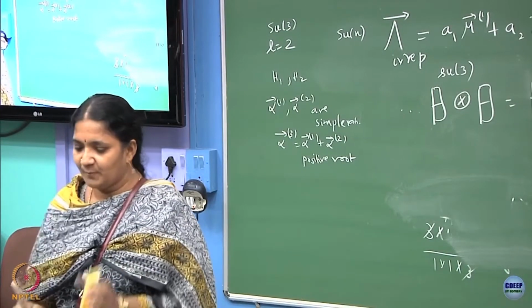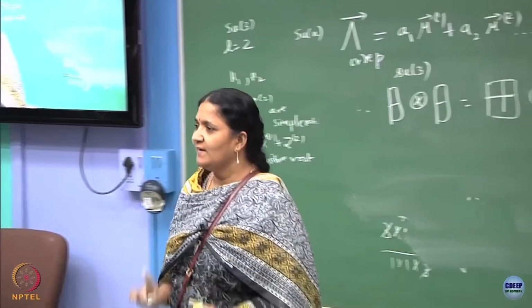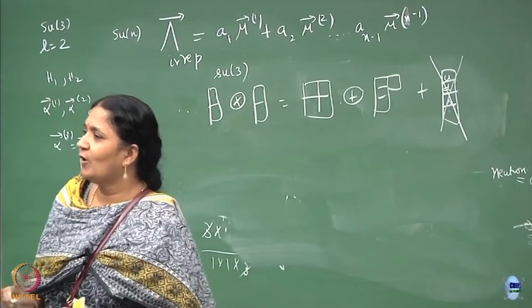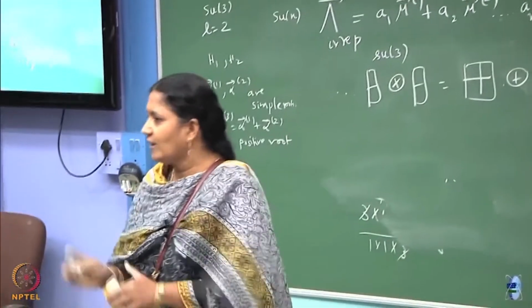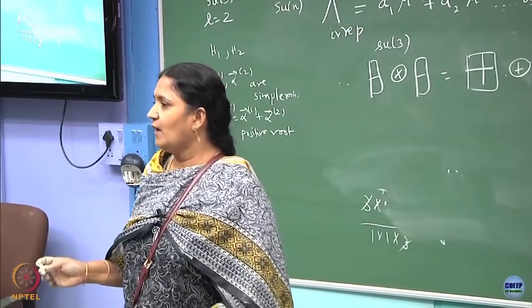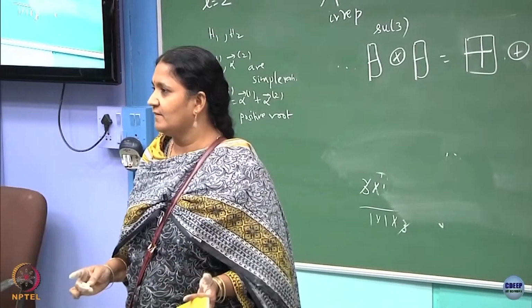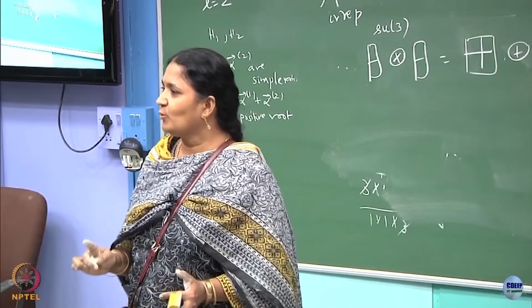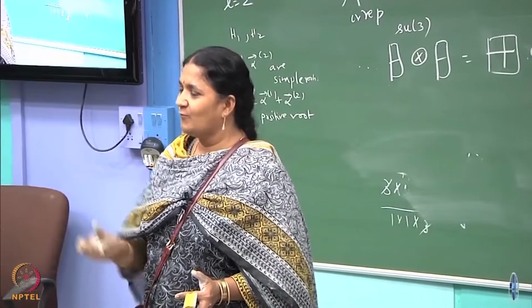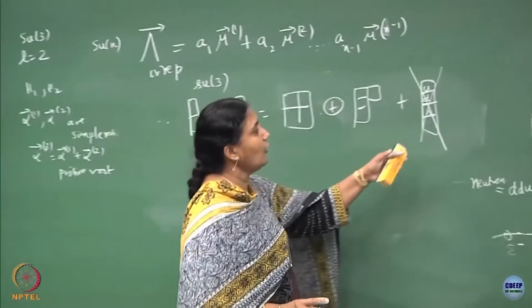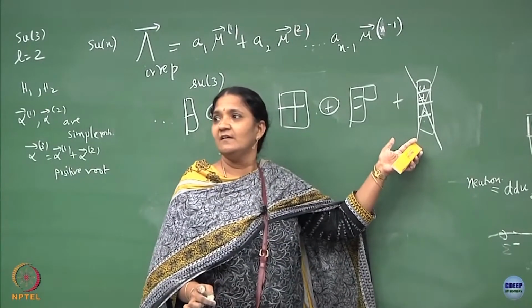Okay. Up spin, down spin was for SU2; for SU3, up quark, down quark, S quark; SU4 will be up quark, down quark, S quark and a charm quark and so on. If you had 4 objects, a totally antisymmetric combination of 4 objects is possible. With 3 objects, making a totally antisymmetric combination of 4 objects is impossible. Okay. So this diagram will not be there for SU3.